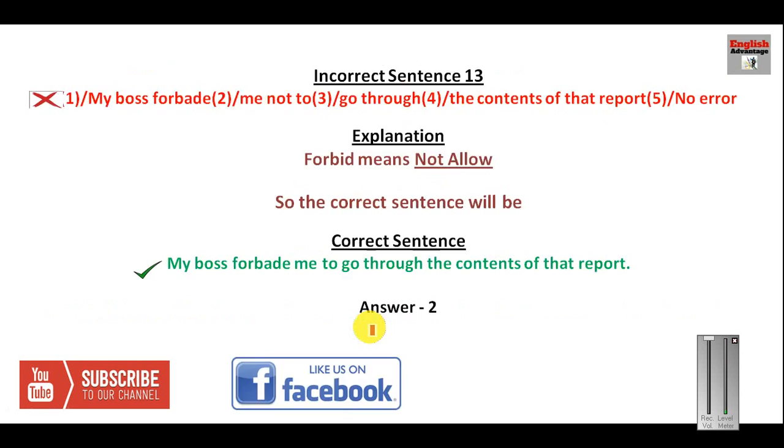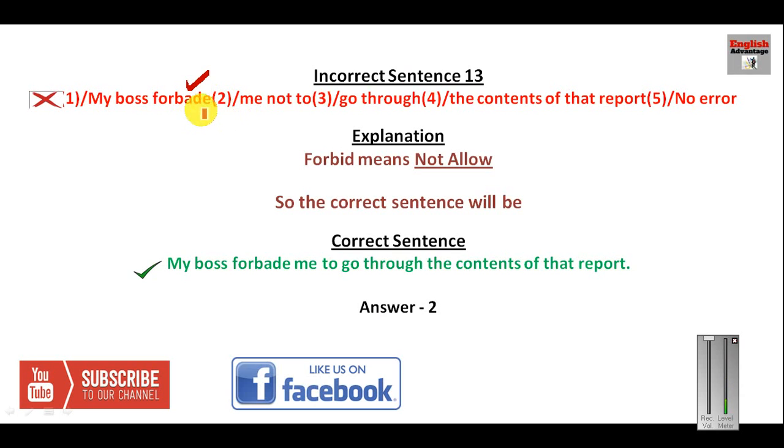Now let us see the next sentence. This word is very common and it has come in many exams many times. My boss forbade me not to go through the contents of the report. It means my boss prevented me, my boss prohibited me to do something.